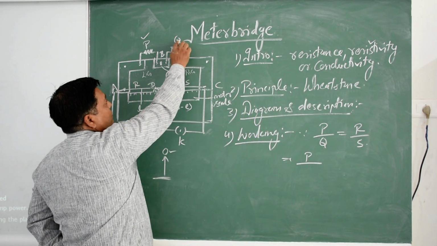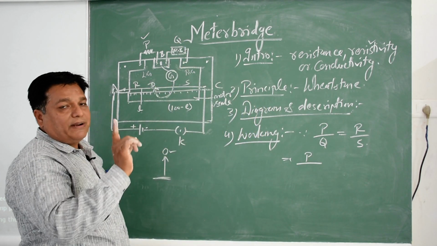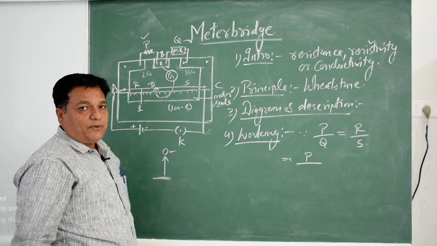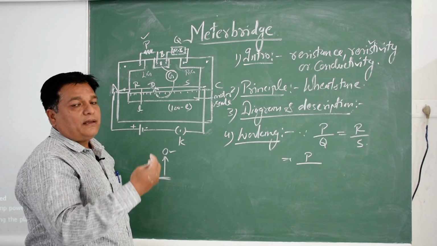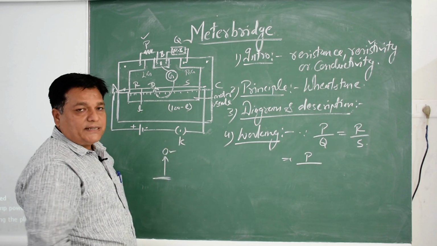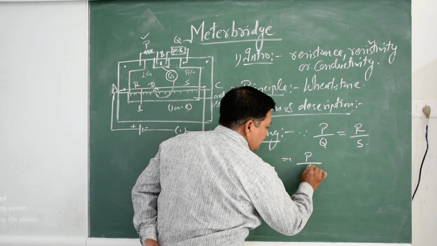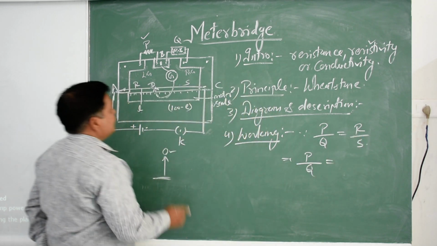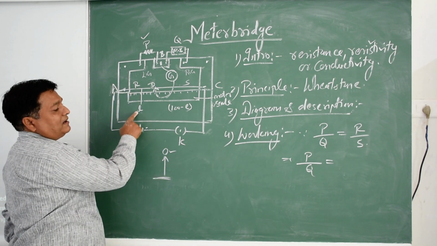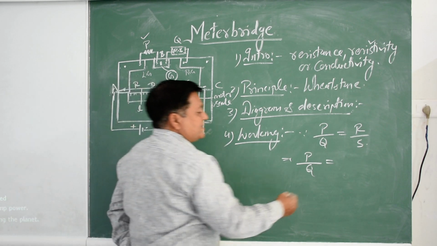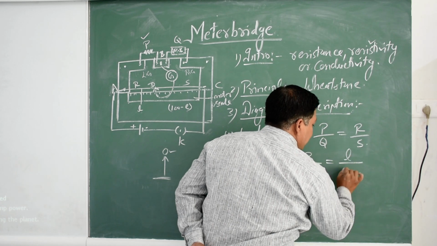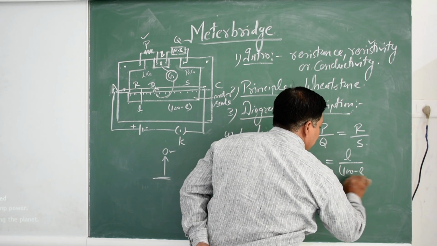Q is a known resistance, because we have taken out one of the keys from the resistance box, suppose a 1 ohm key, 2 ohm key, 5 ohm key. So Q is a known resistance. R means the balancing length L.